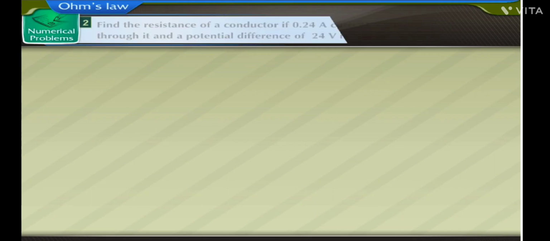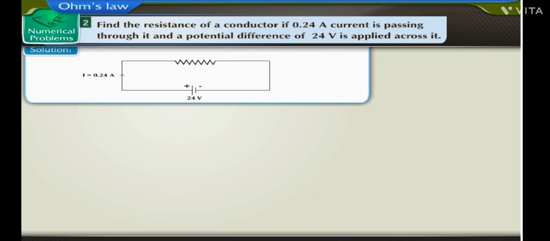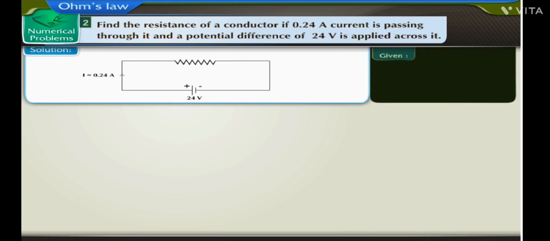2. Find the resistance of a conductor if 0.24 ampere current is passing through it and a potential difference of 24 volt is applied across it. Solution. Let us first write the given data. Potential difference V is equal to 24 volt. Current I is equal to 0.24 ampere. We will use Ohm's law to find the resistance of the conductor.